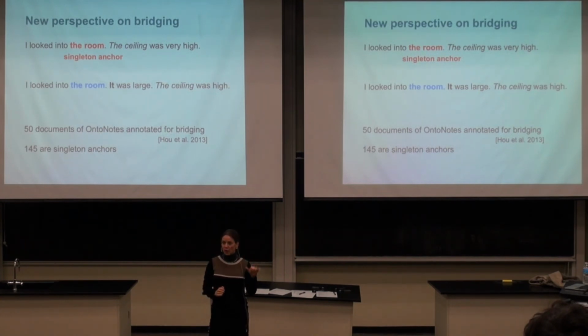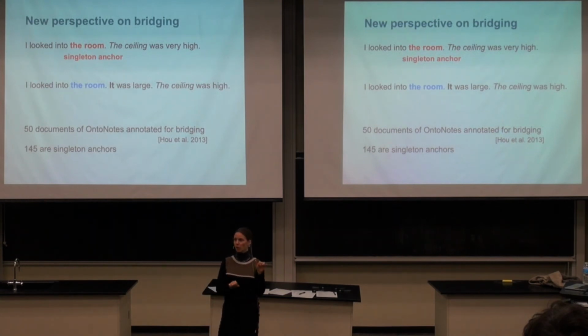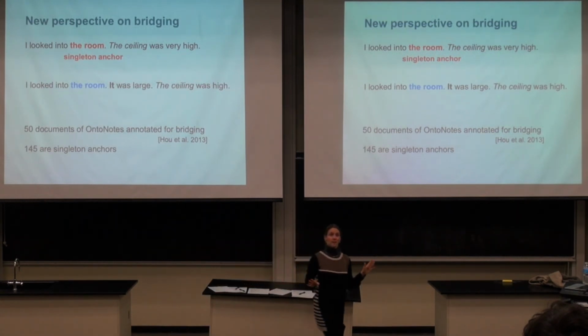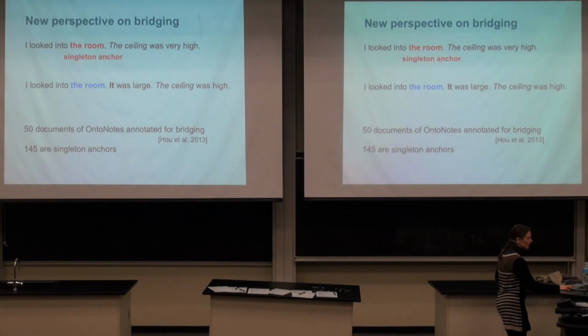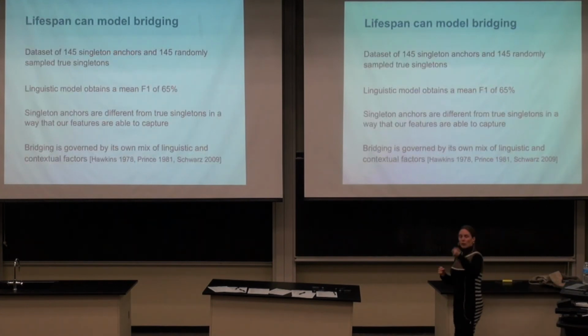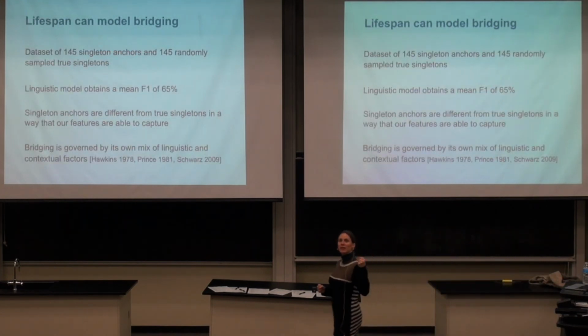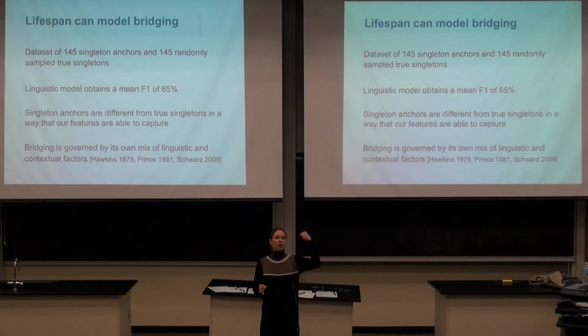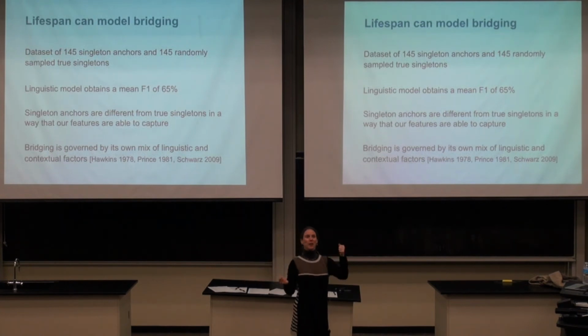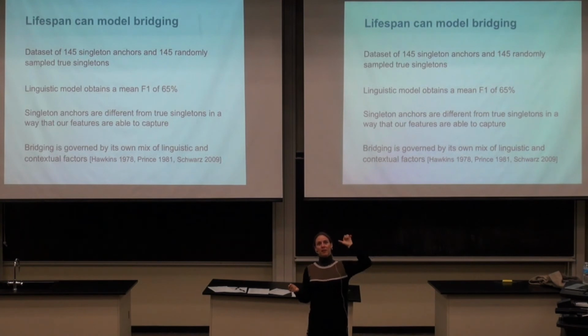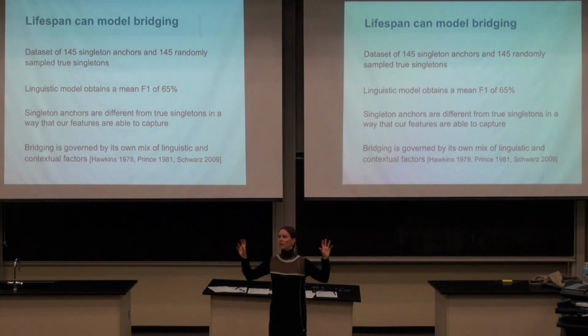So these are things that are bridging and are not coreferent. Using that, we can also know in those 50 documents which are true singletons, singletons that are not part of bridging. You're still with me? So we have those 145 singleton anchors, and then we can randomly sample 145 true singletons.